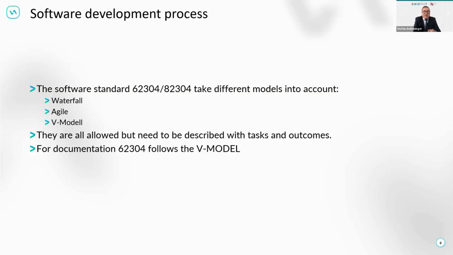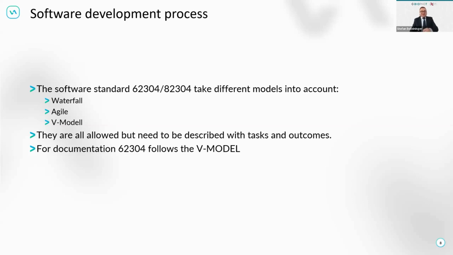And therefore, it expects that the documentation is based on the V model. The final documentation, so the documentation when you want to release the product, needs to be documented according to the V model with user requirements, product requirements, implementation, so architecture, implementation and coding, unit verification to the code, integration verification to the architecture, and also the system verification against product requirements.